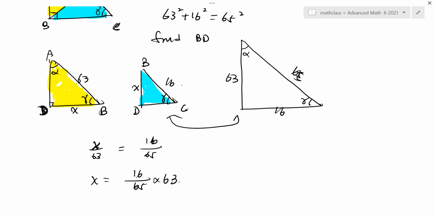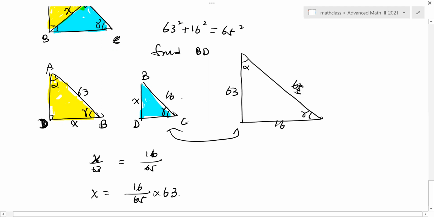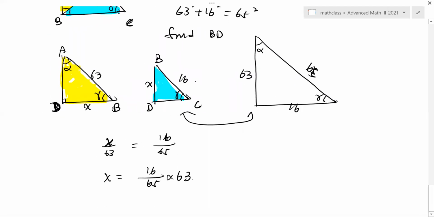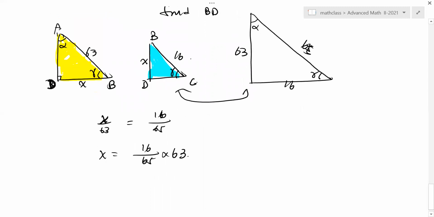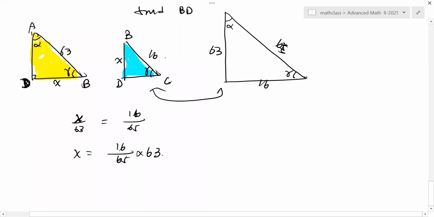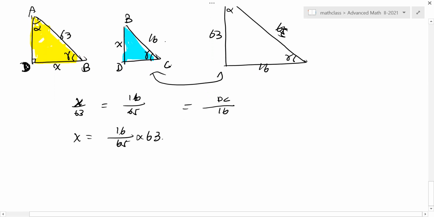That's the answer if you just want to find X. But you can also find D and C, and A and D, using the other triangles. This is also equal to DC over 16, and then you can find DC that way. Anyway, X is already found.